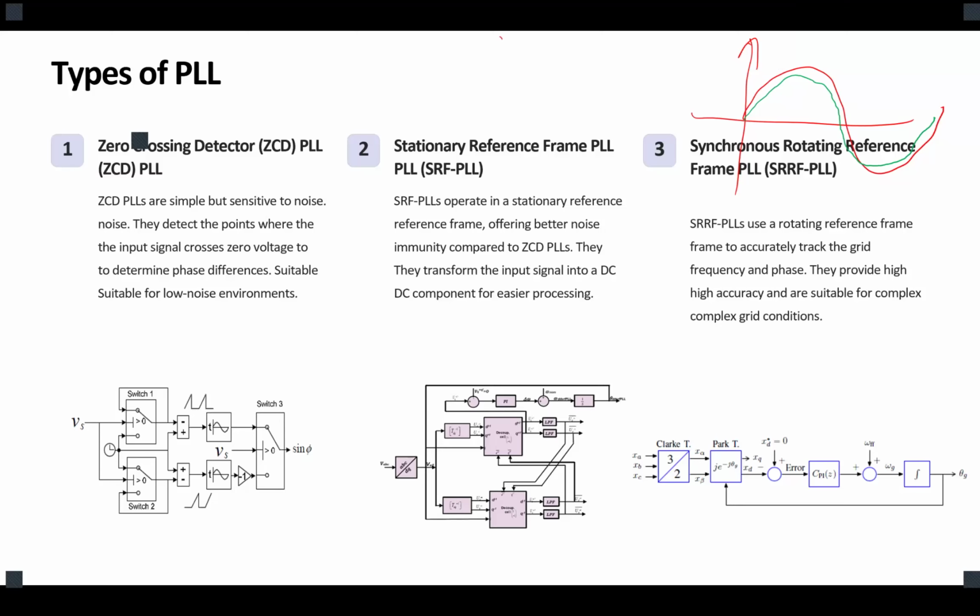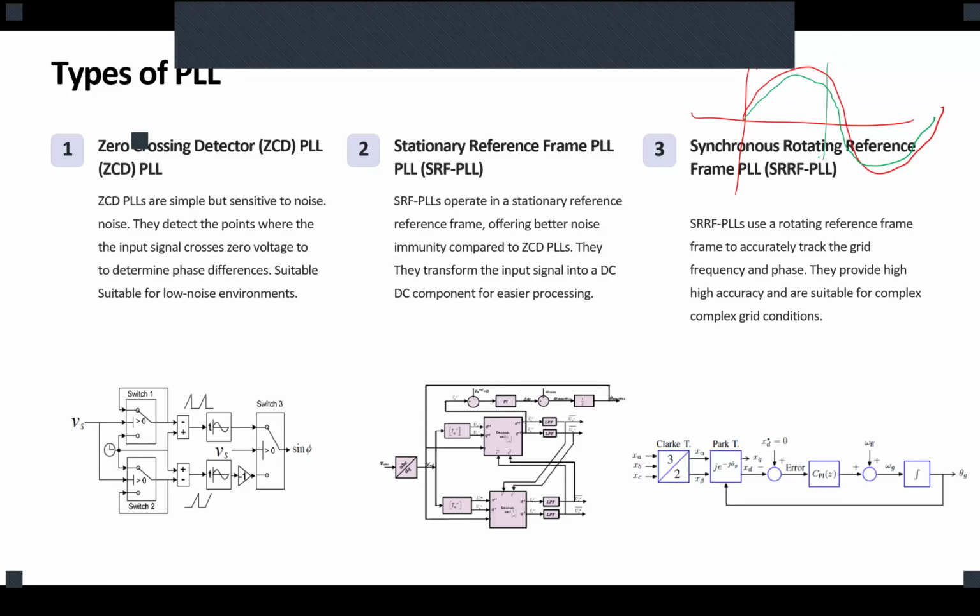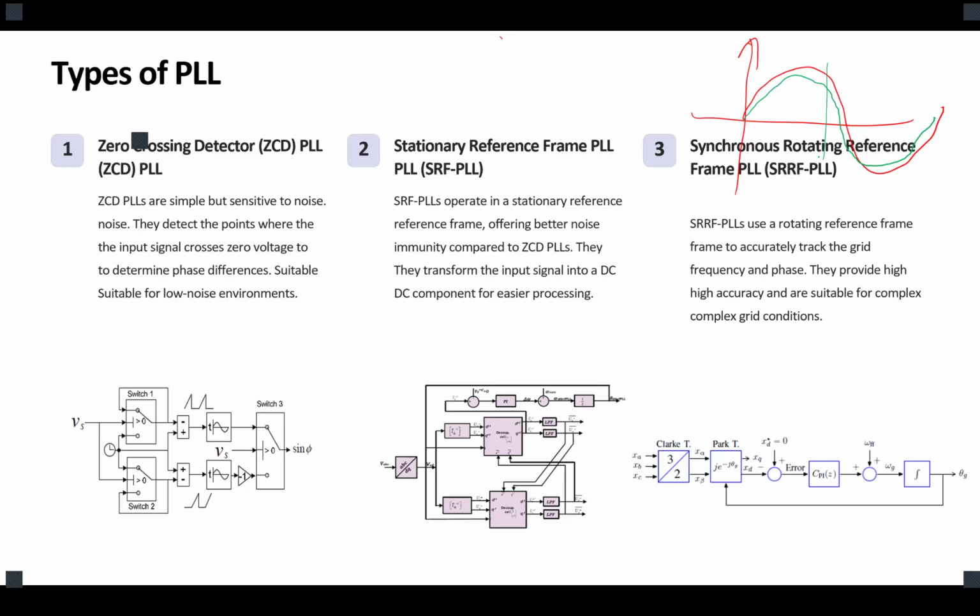So when it tries to see the difference of theta between the inverter and grid, it translates that difference, caused by omega t.